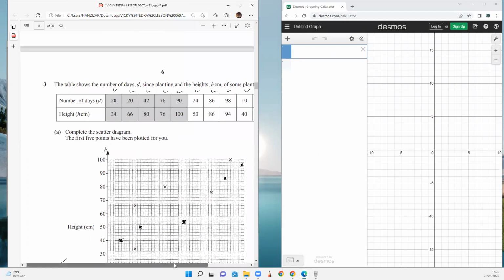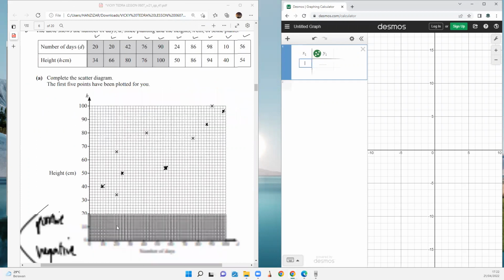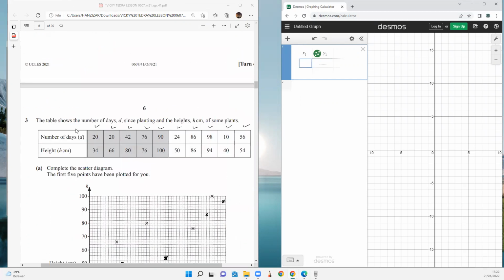Okay, so you use this. You can use it on your own graphing calculator. I use the table, and the x1, let's say d. In h in terms of d, the h is y. So x is 20, go down 20, 42, 76, go down 90, 24, 24, and then 86.